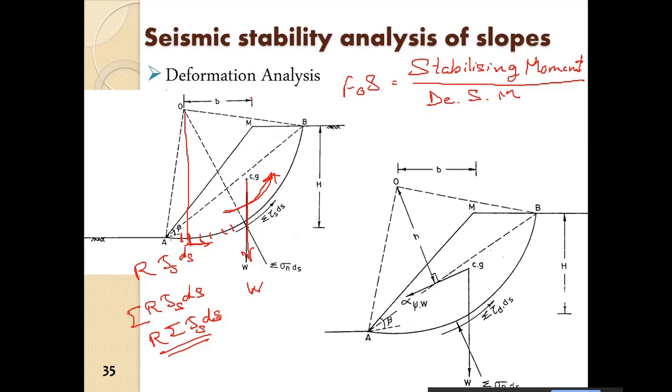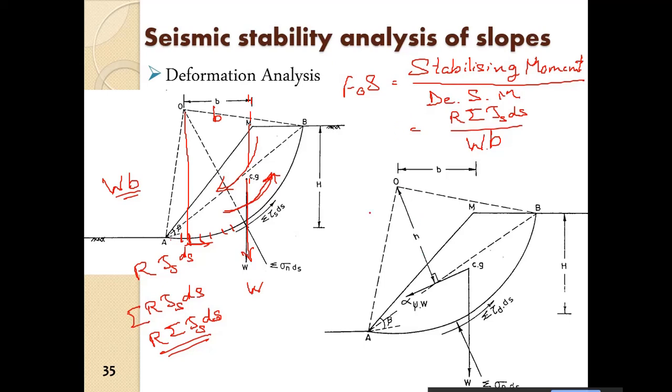Weight W into this lever arm b is the destabilizing moment. So we have the sum of tau s ds by Wb. This is the factor of safety in the case of the static condition. So no earthquake forces.